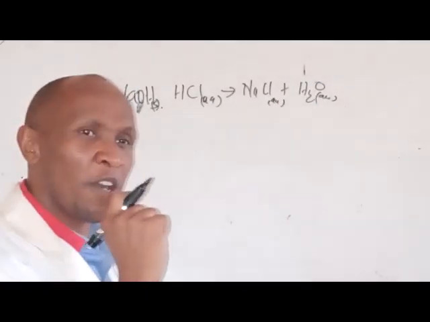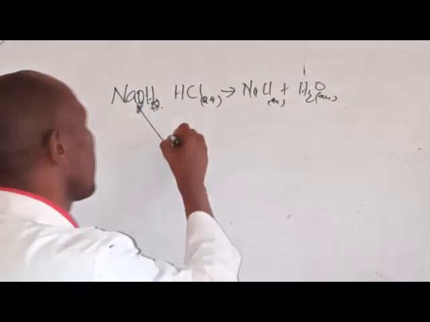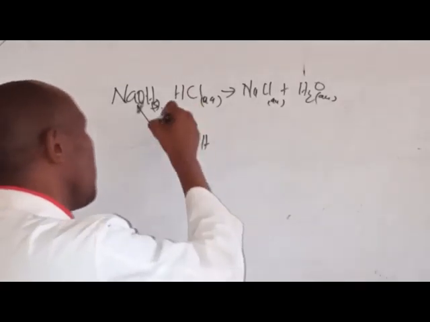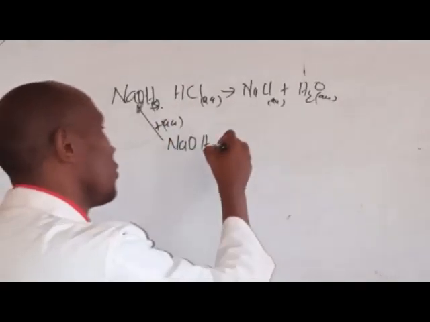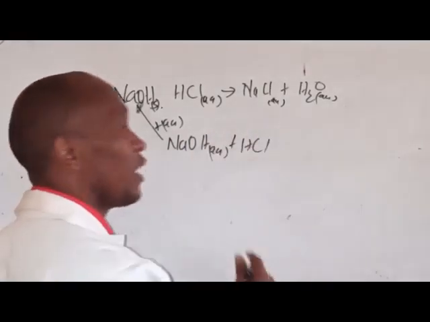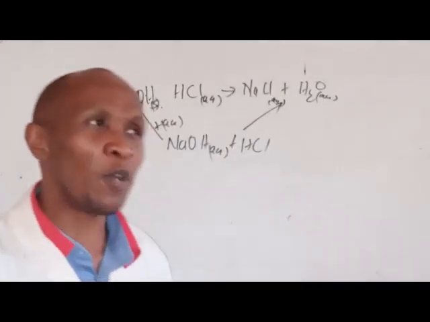Now, the alternative way of doing that is maybe to dissolve the sodium hydroxide. Can I dissolve the sodium hydroxide in water? So let me add plus water there to give me aqueous sodium hydroxide. Now, I've not done anything to the hydrochloric acid. Then I react that. Now, what am I saying?